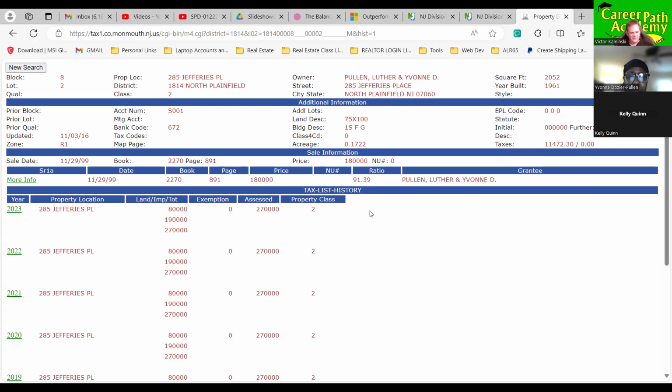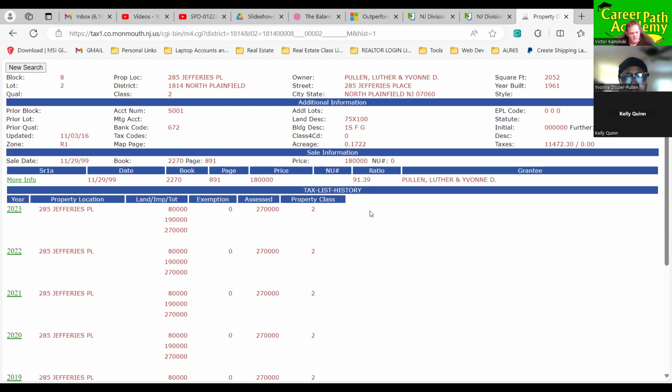So if it's assessed at $270,000 today, you divide it by 91.39. Oh wait, 91.39, not percent.